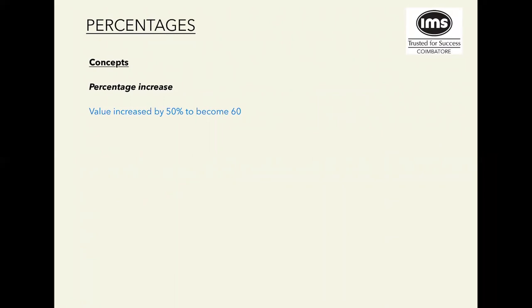Now, let's look at another question of percentage increase. Let's take it as X has jumped by 50% to become 60. Now, the question is, what is the initial value?